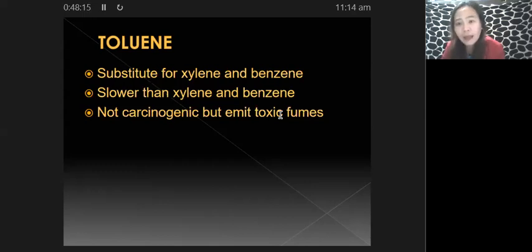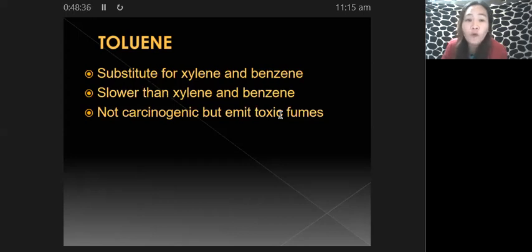Your toluene is slower as compared to your xylene and benzene. And actually, this becomes an advantage, especially if we are processing your brain samples. Why? Because it does not over-harden your tissue samples.